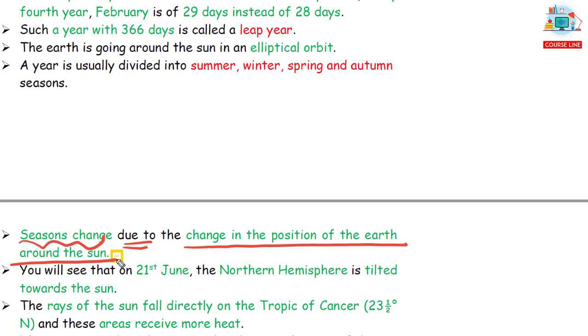So these seasons occur at different positions on the Earth's orbit. Okay, so let's see one video and we will be able to recapitulate some of the points which I have discussed till now.